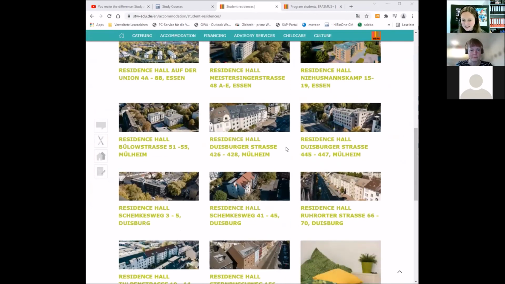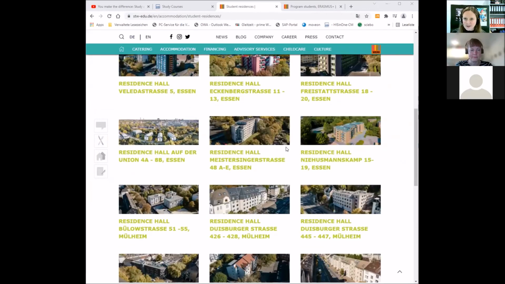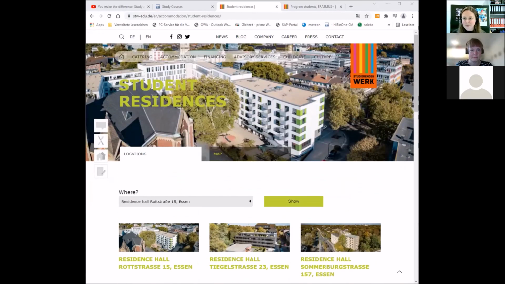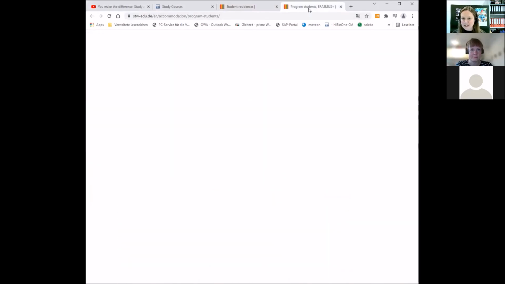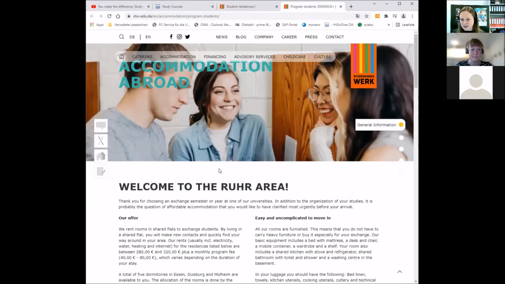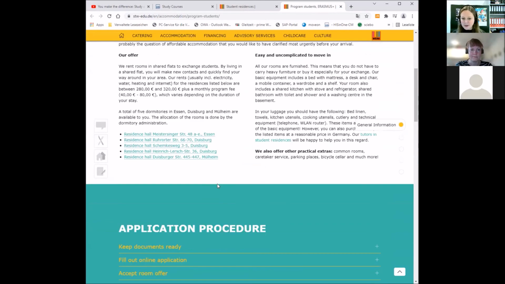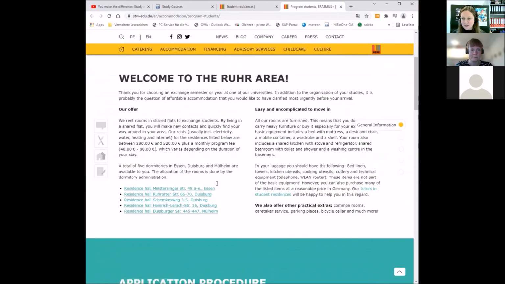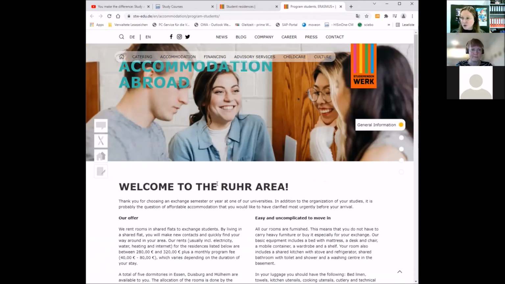There are a lot of them in total, and the Studierendenwerk has a special application area for exchange students or visiting students, to make it possible for them to find short-term rental agreements for just 1 or 2 semesters. That's run by the Studierendenwerk.